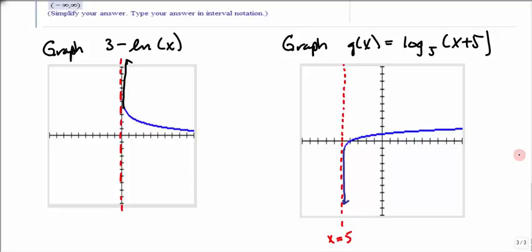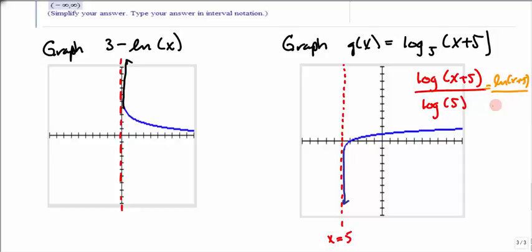Now, how would I graph using a log conversion? I would graph this, remember it's always the argument over the base, so it would be log of x plus 5 over log of 5. Or, remember, you can also use natural log of x plus 5 over natural log of 5. Either one of these will produce the same graph.